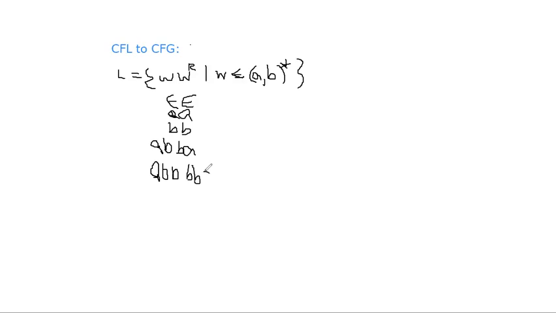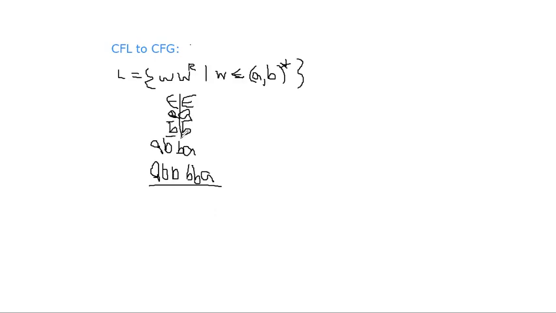So we should construct a context-free grammar in such a way that if we expand that grammar, recursively substituting the grammar symbols with the production rules, you should get W followed by WR as the result. If you observe this, if A is on the left side, A should be on the WR side.